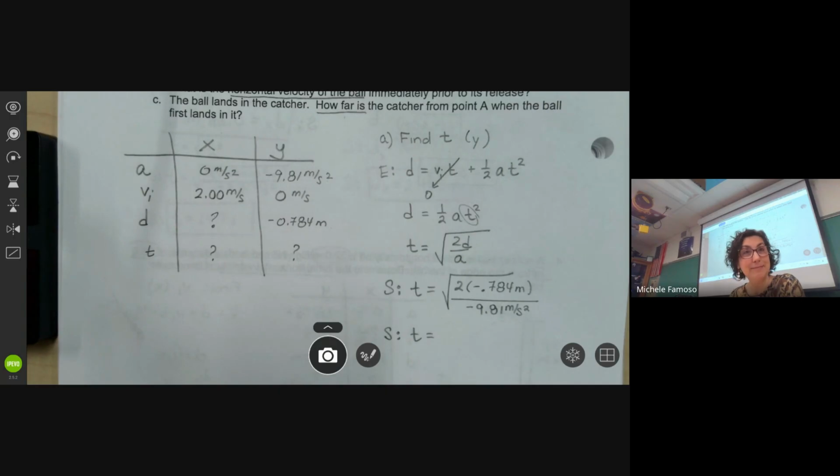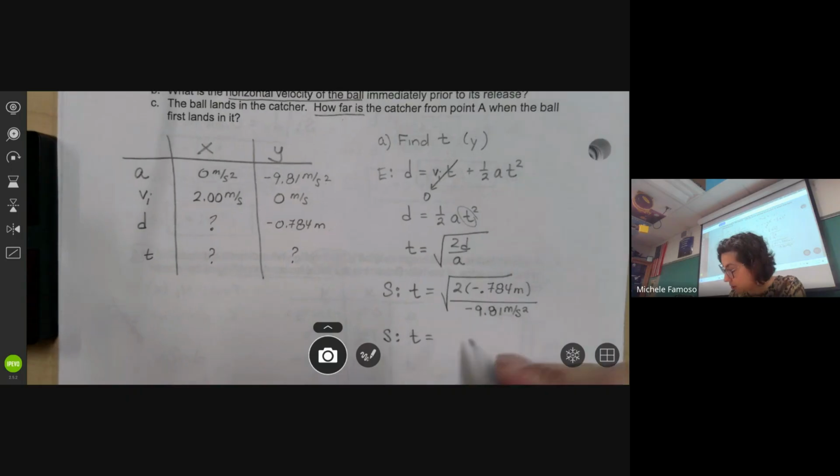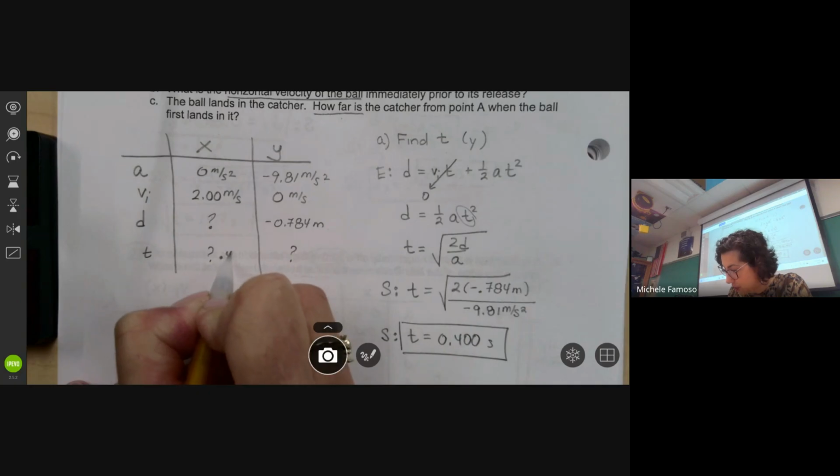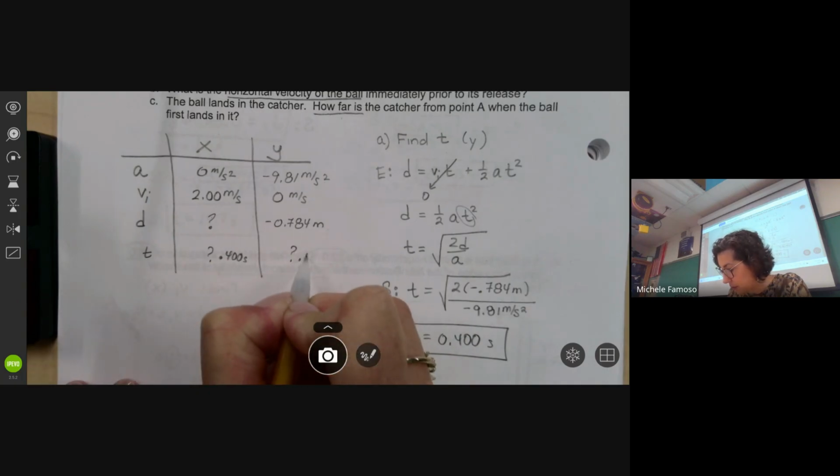Round it up. Well, you tell me. When you have to round up a 9, what does it become? A 10. So everything's got to go up. To what? There you go. 0.400, and the units are seconds. That can now go in our chart, 0.400 seconds in both directions.